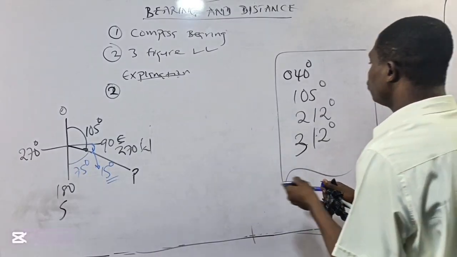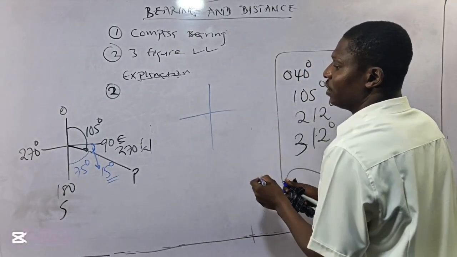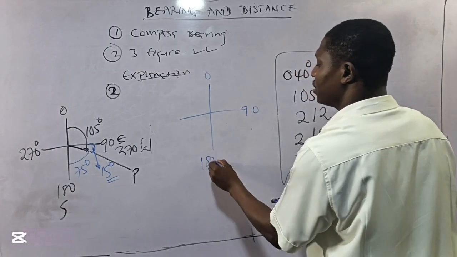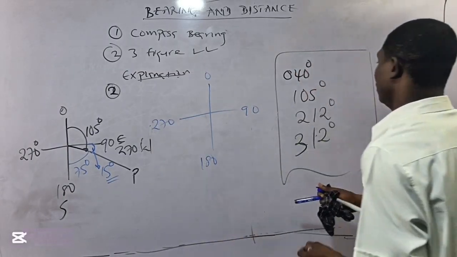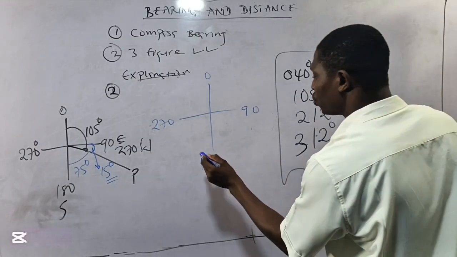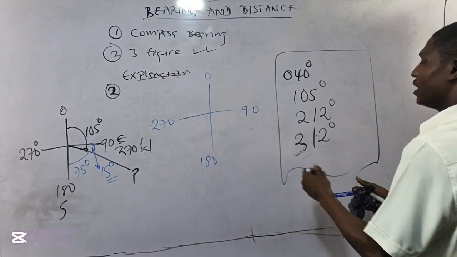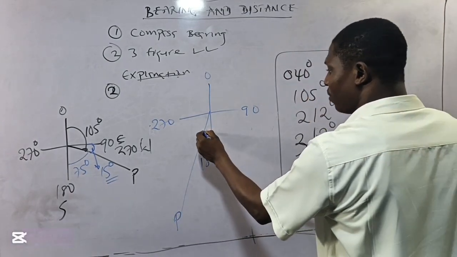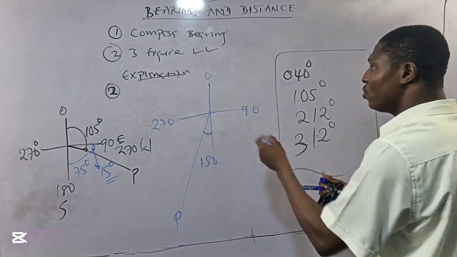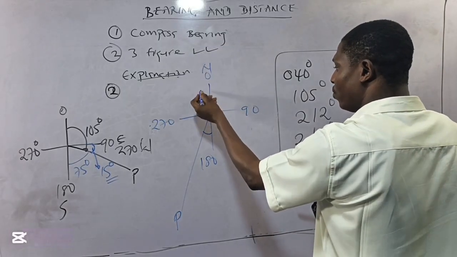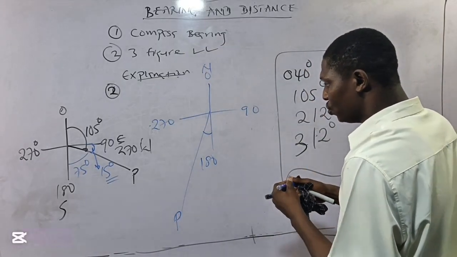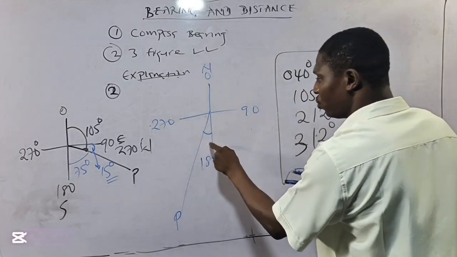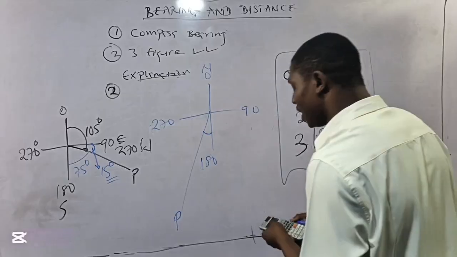Now, how do I represent 212 degrees? You see that this is 0, 90, 180 and 270. So my 212 must be greater than 180. Since 212 is greater than 180, I can put my value here and this becomes my P. So I want to know the angle left here. From north, which is 0, down to 180, 180 has been used. So what will be left for this angle will be 212 minus 180, because north-south is a straight line.